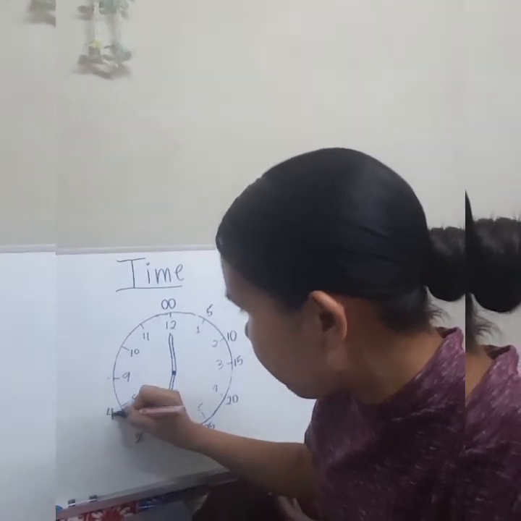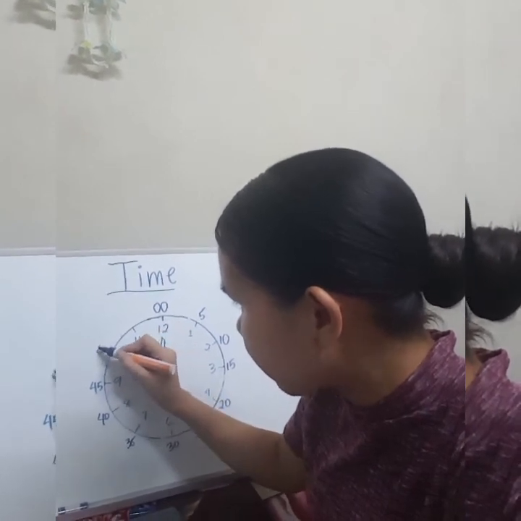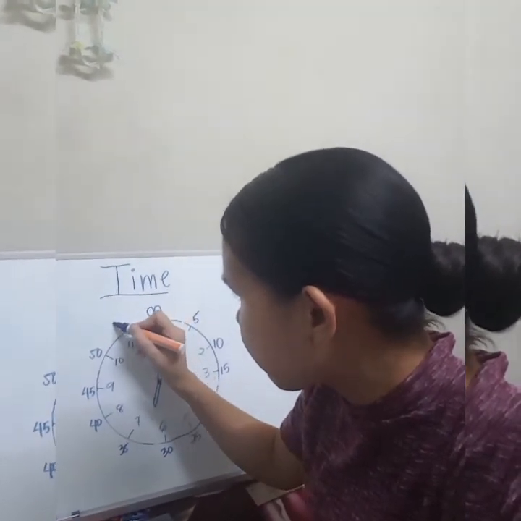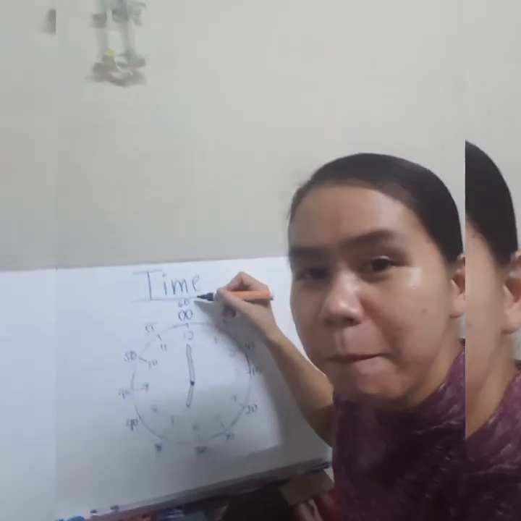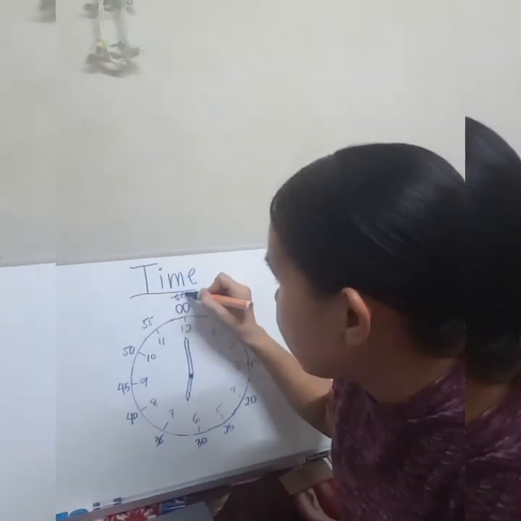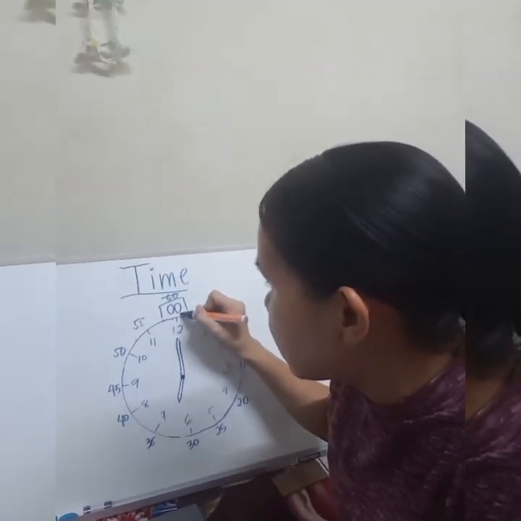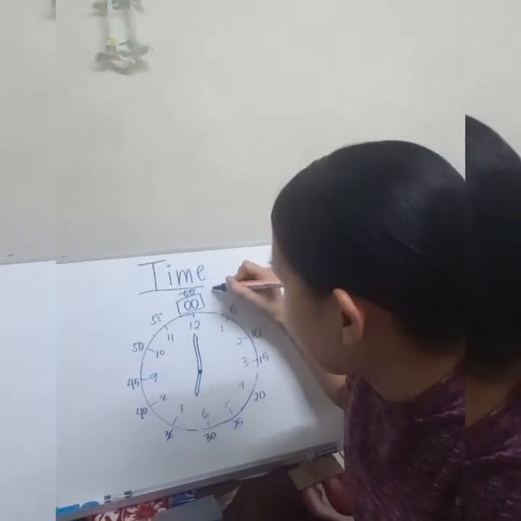35, 40, 45, 50, 55, and 60. But here, we're not going to use 60. Instead, we will use 00, and it is pronounced as o'clock.